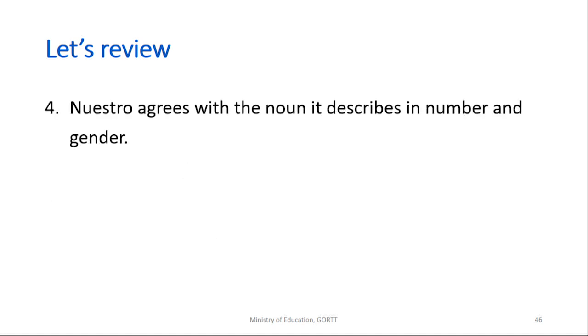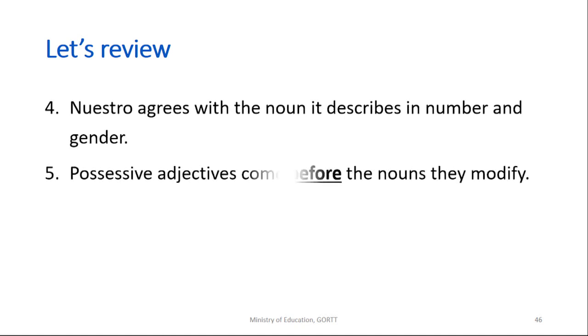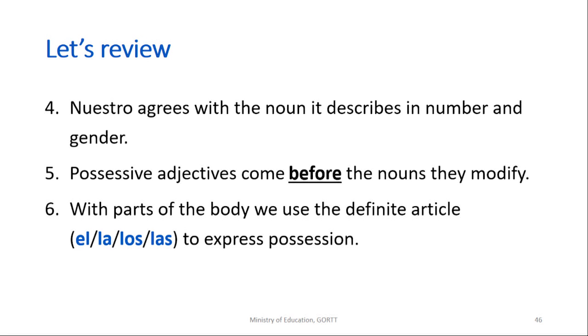Nuestro agrees with the noun it describes in number and gender. Possessive adjectives must come before the nouns that they modify. Also, when referring to parts of the body, we must use the definite article el, la, los, or las to express possession.